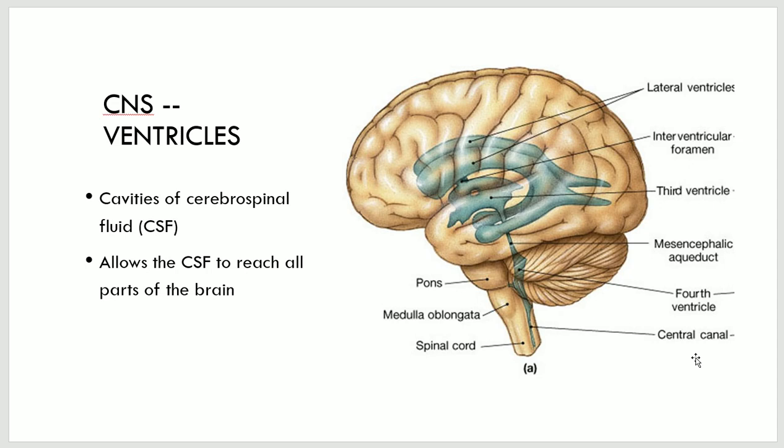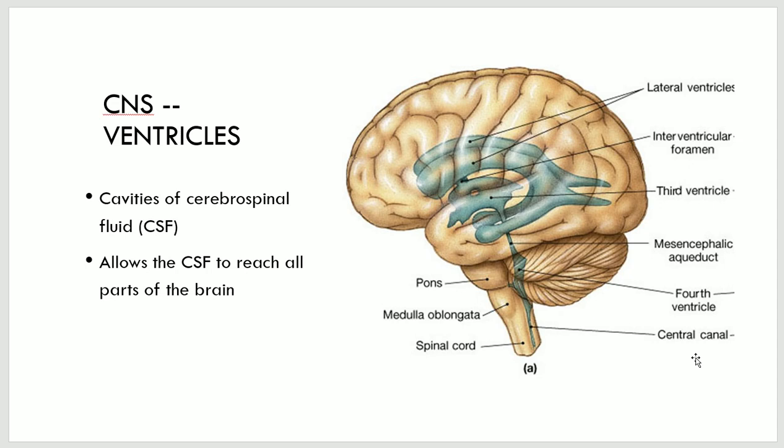Ventricles. So ventricles are cavities of cerebral spinal fluid in the central nervous system, so the brain and spinal cord. And they allow the CSF to reach all parts of the brain, essentially. Here, what you're looking at is an overlap of ventricles that narrow down into a central canal.